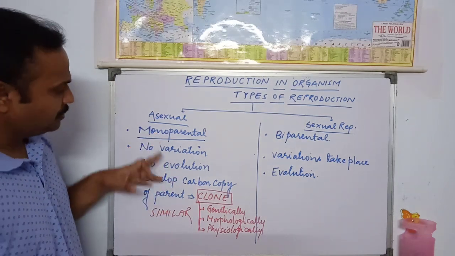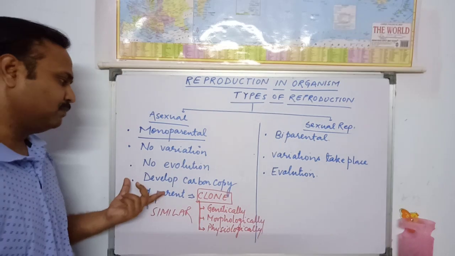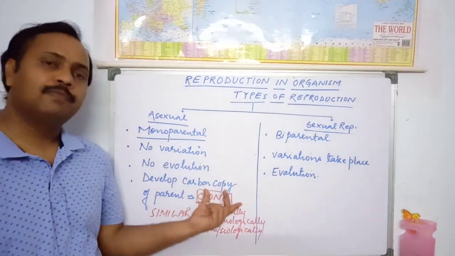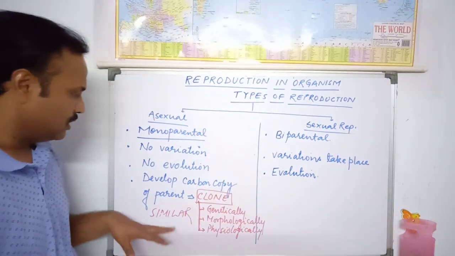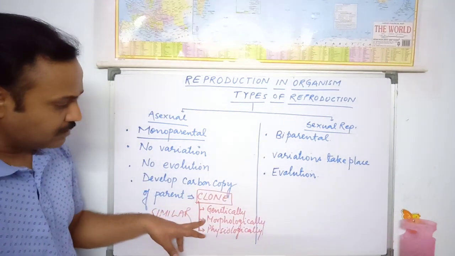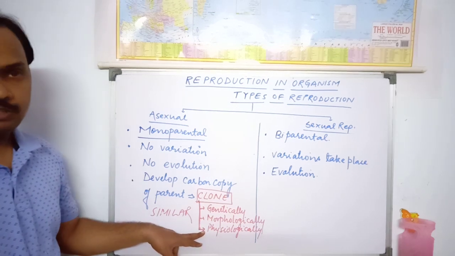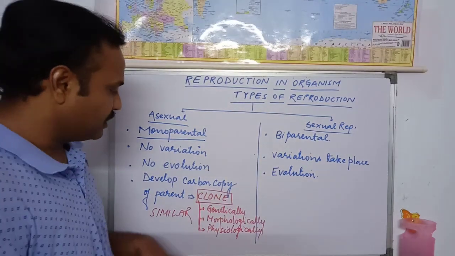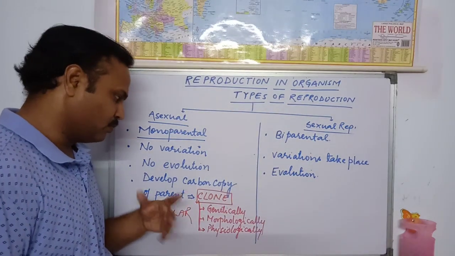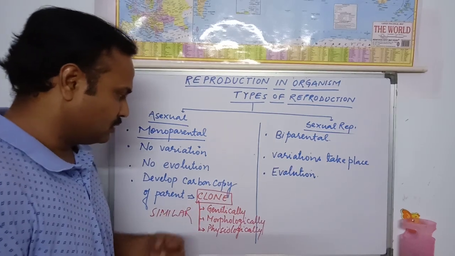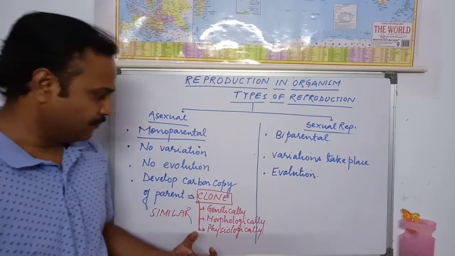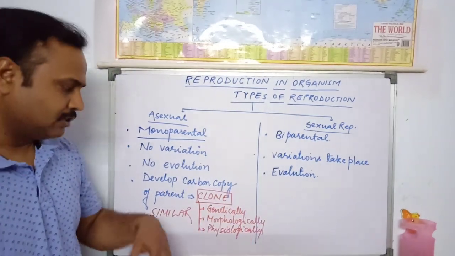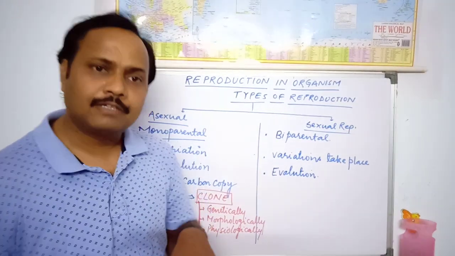If a single parent is involved, then they will develop the carbon copy of the parent, and that carbon copy is called a clone. So clones are genetically, morphologically and physiologically similar. This is very important because many times questions on clones are asked in competitive exams, like clones are genetically similar but morphologically different, or physiologically similar and genetically different.